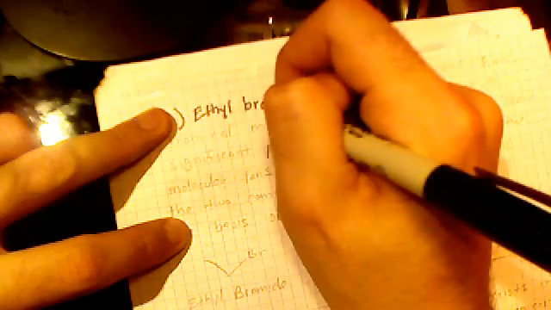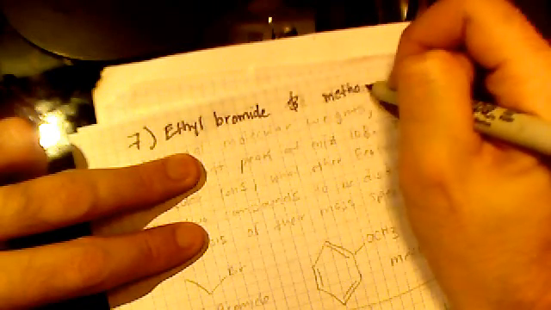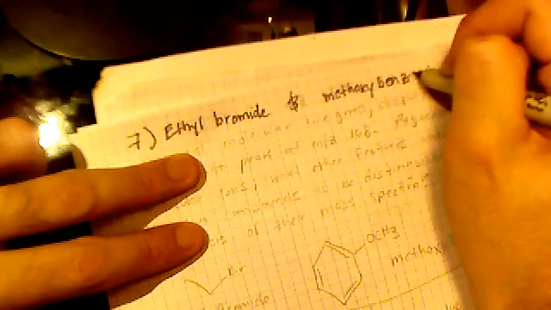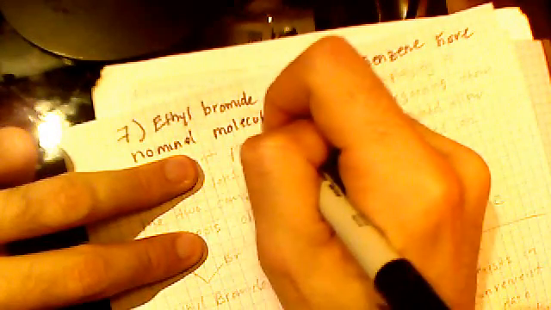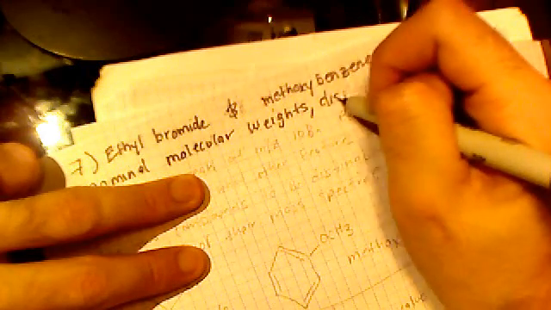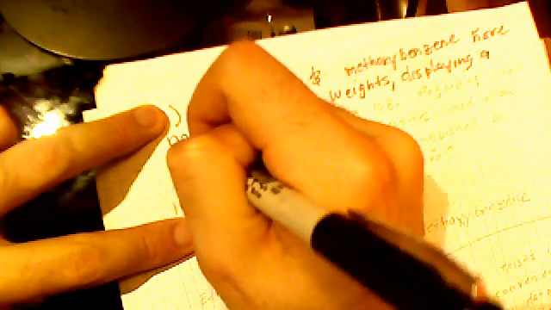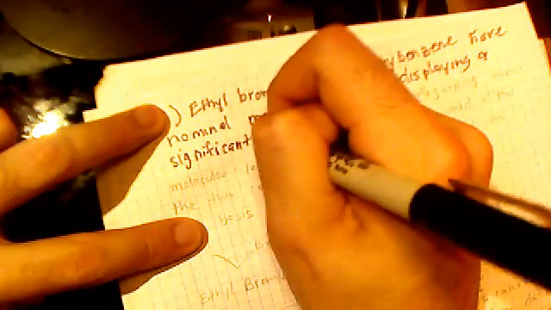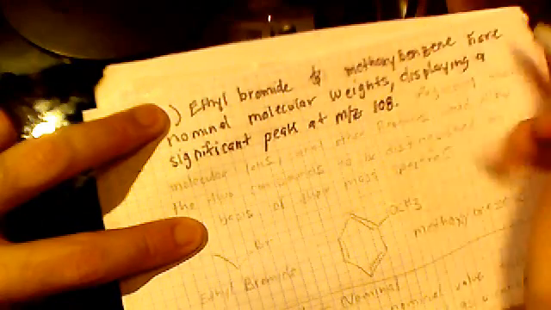Ethyl bromide and methoxybenzene have nominal molecular weights, displaying a significant peak at mass to charge ratio of 108.